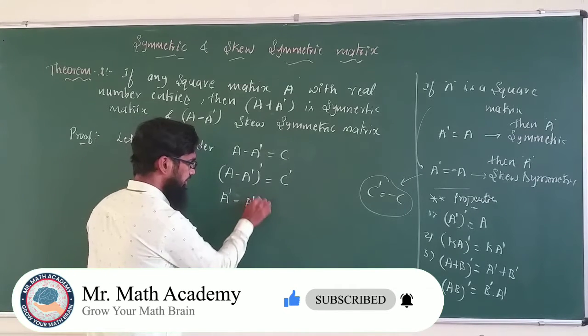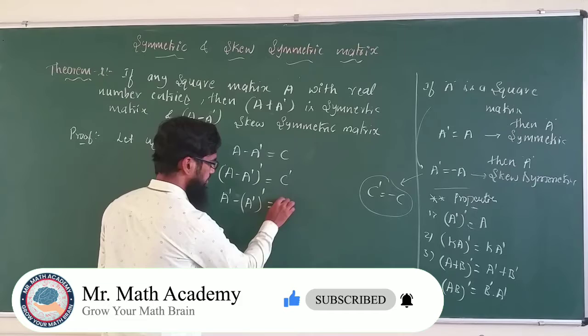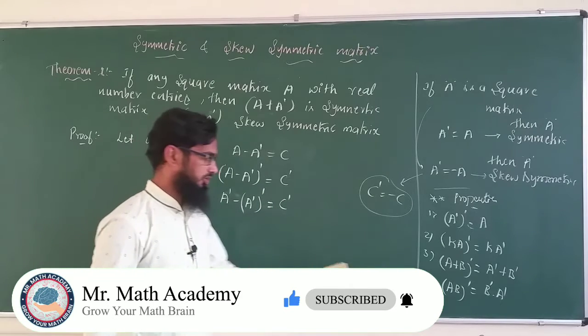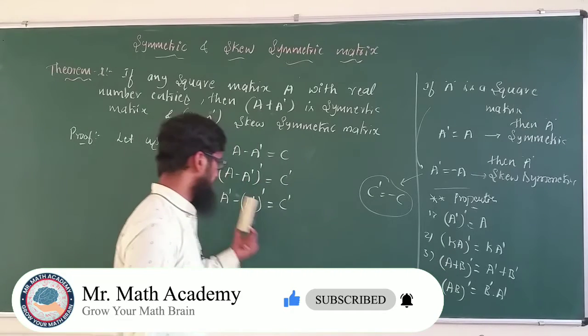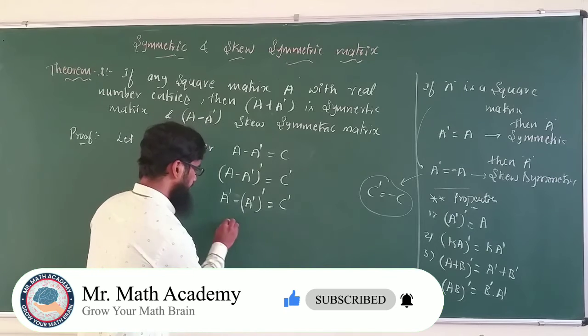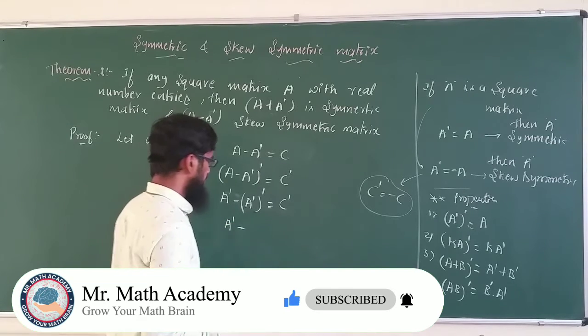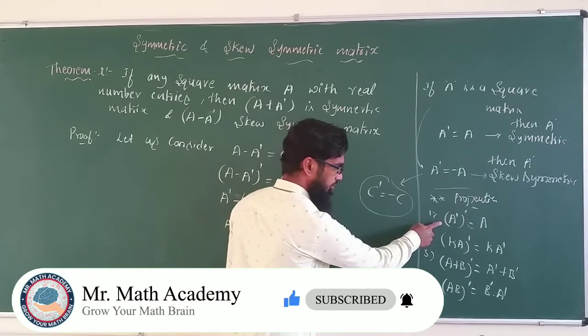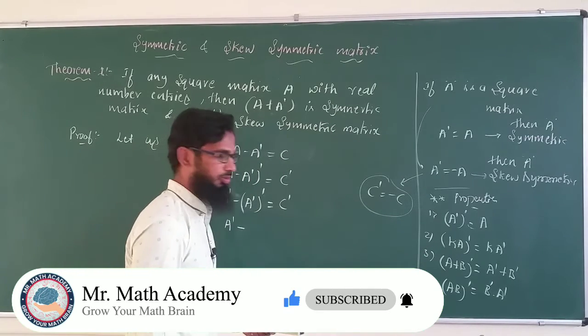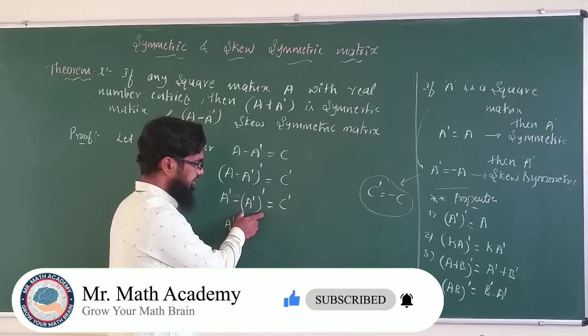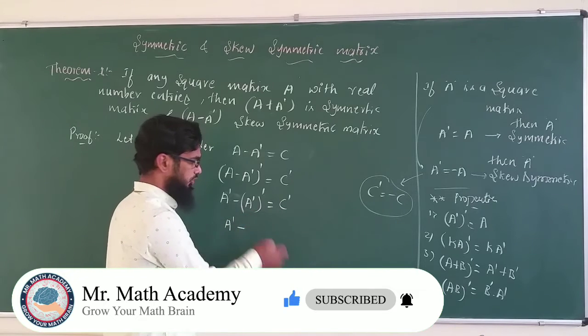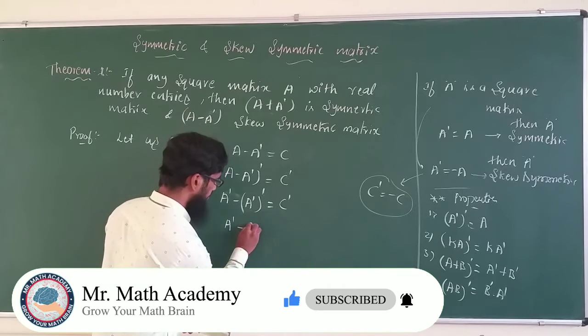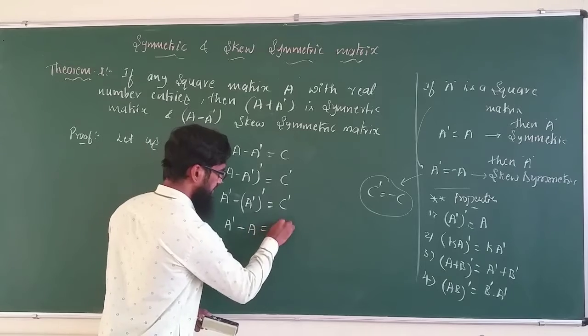So this is the second term to the whole transpose is equal to C. We are just applying the third property for this term. Now A transpose minus, the transpose of A transpose, here when we take the first property it becomes only A, that gives the C here.